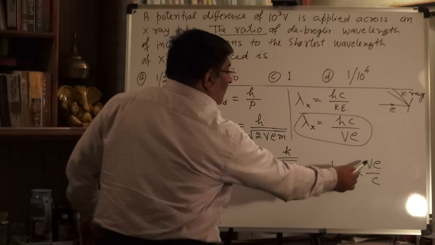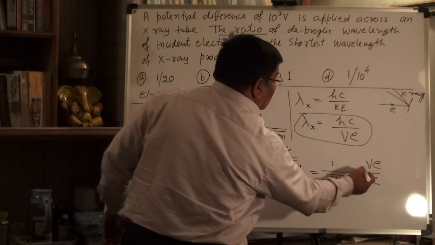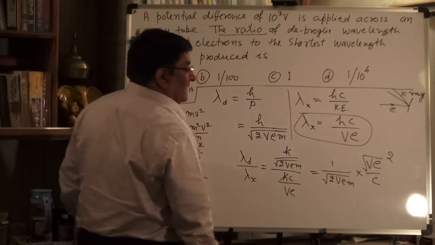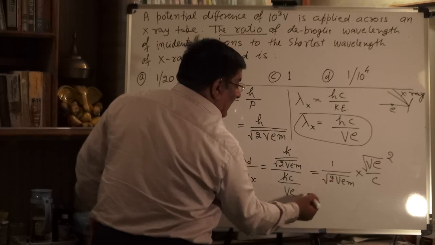Okay, now VE can be written as square of root VE, and this we can combine.